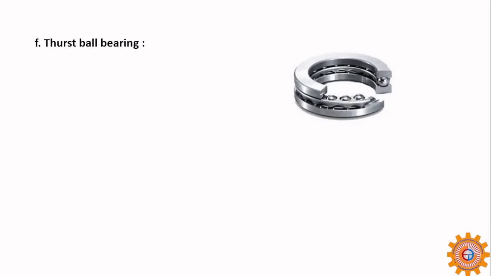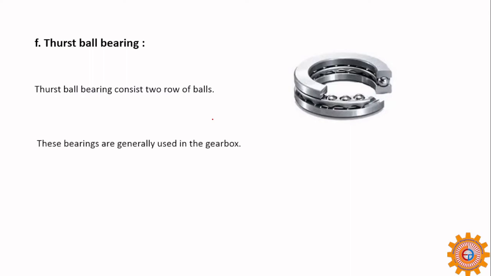So in general, a thrust bearing consists of two rows of balls. Okay, so we generally have two rows only, and in between there is a separation. These bearings are generally used in the gearbox.